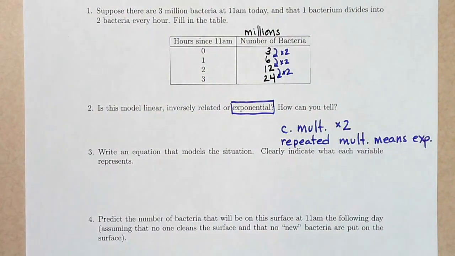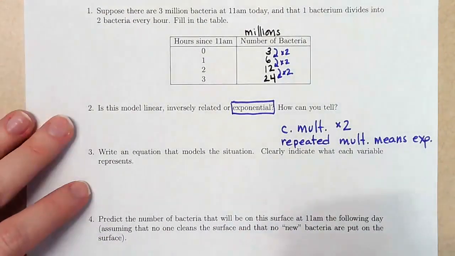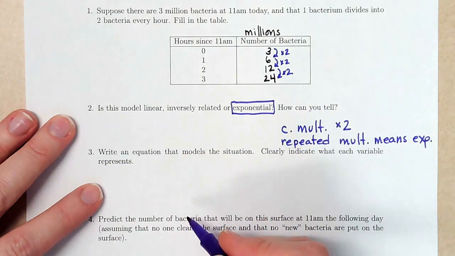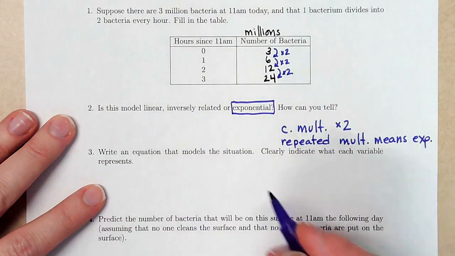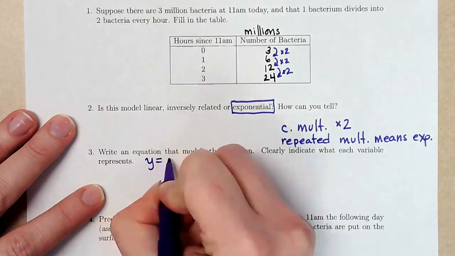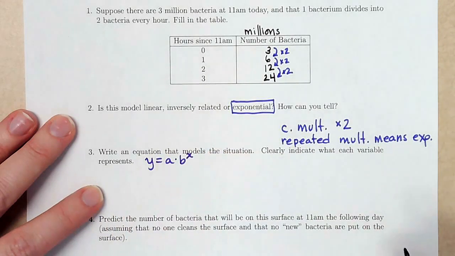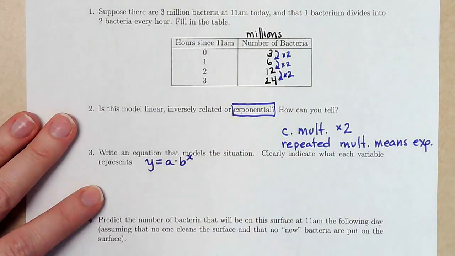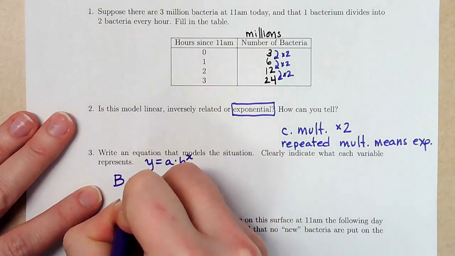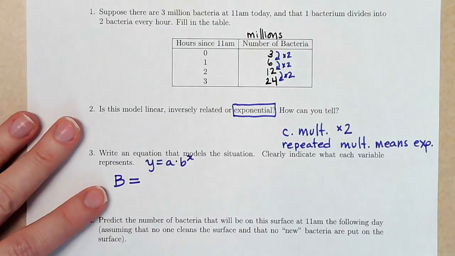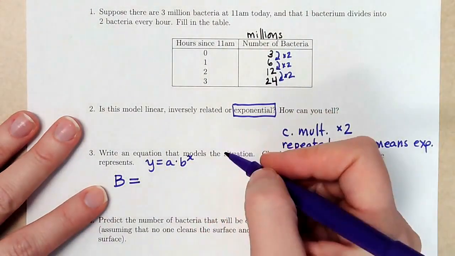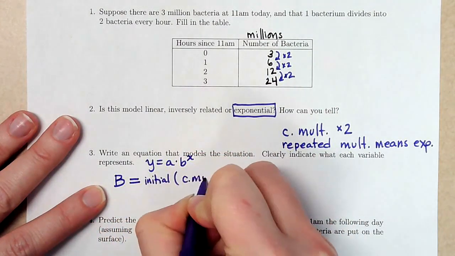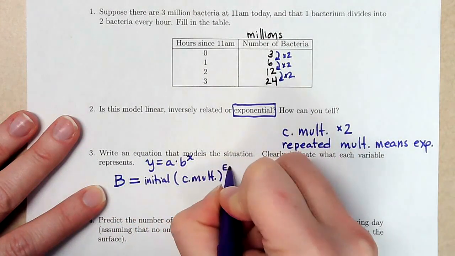Write an equation that models this situation. Sure, absolutely. From the last section, we know that with exponentials we have this kind of model, but I don't want to call it Y. We have bacteria. I'm going to call that capital B for bacteria. Then millions of bacteria is equal to the initial amount times the constant multiplier to the explanatory variable.